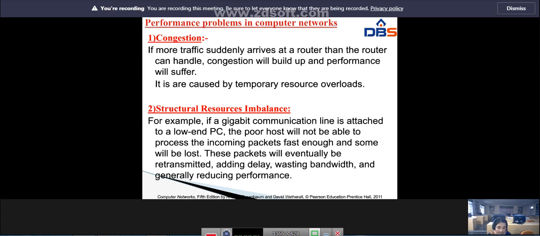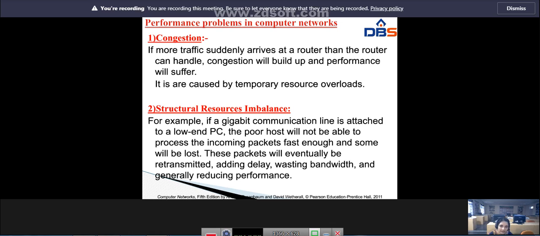Between two communicating devices we maintain routers to handle traffic, but when congestion builds up, performance suffers. It is not caused by temporary resource overloads. This is called congestion.